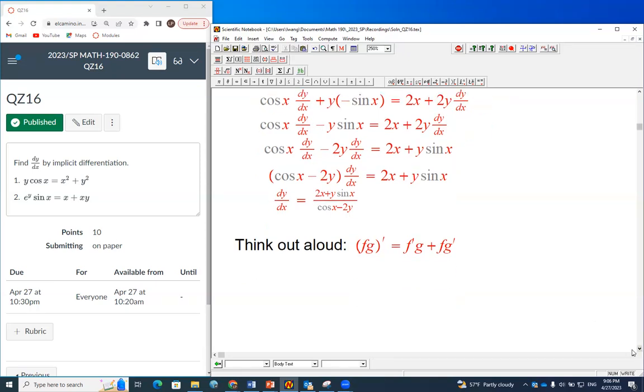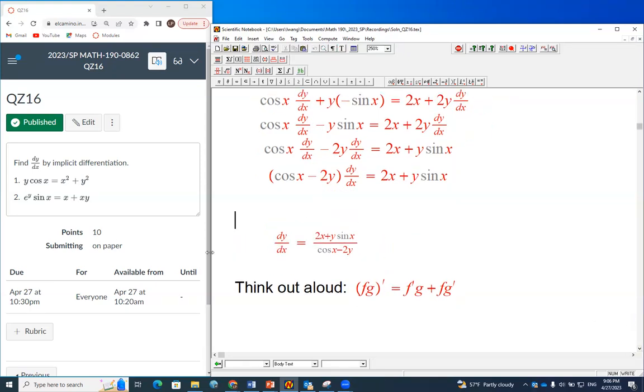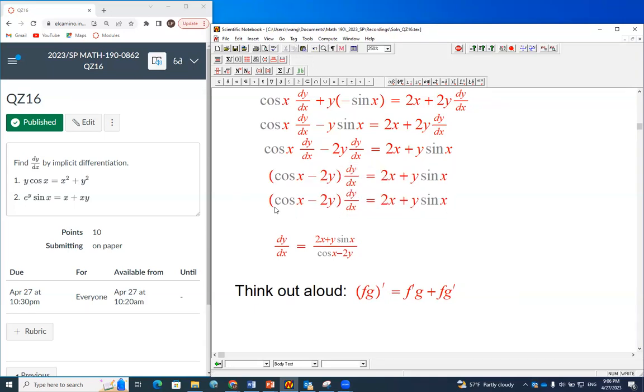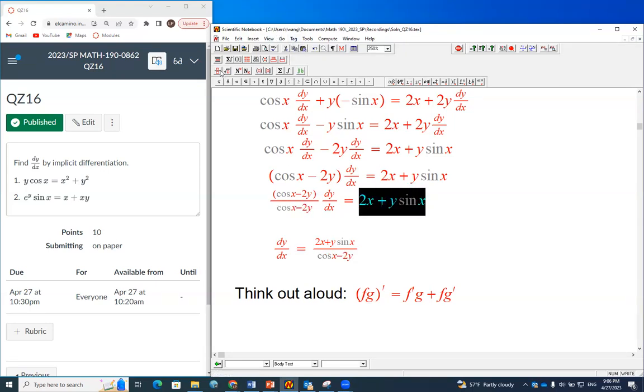I see a variety of things, people showing that you're actually dividing this piece in a rather messy way. If you show it this way, that's fine, but you really don't need to show this step.